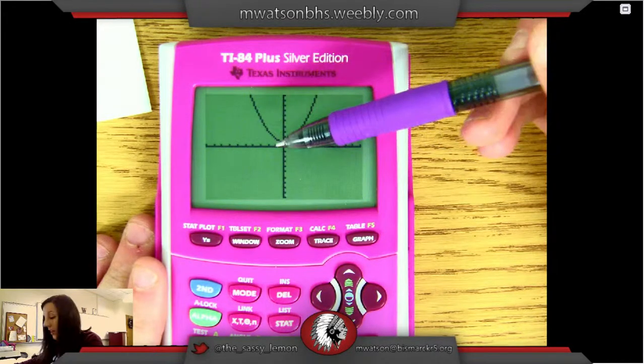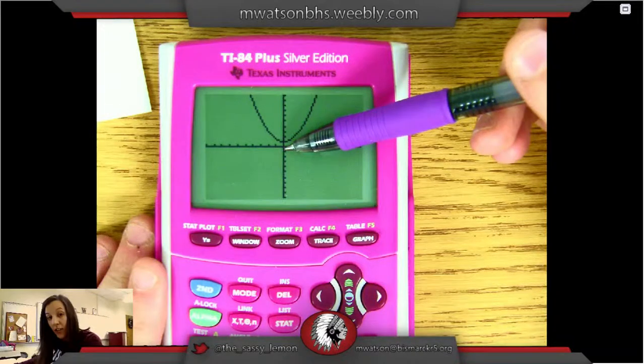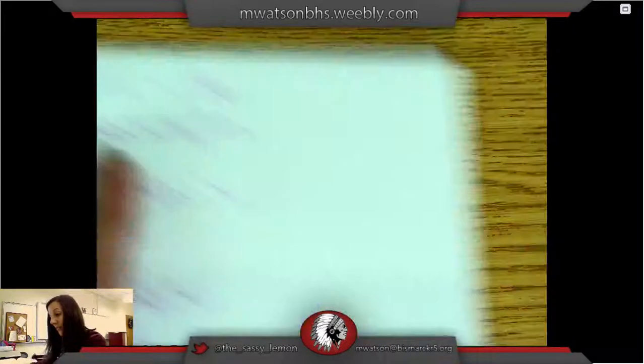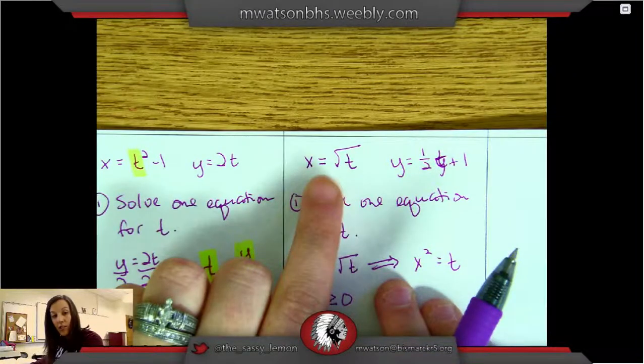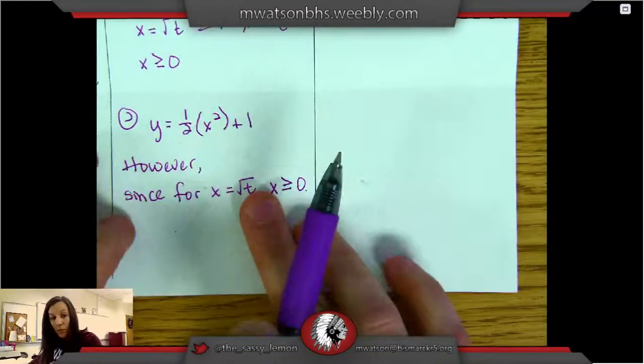That's because the domain is restricted. We can't have x values that are negative because of this equation. It's just not possible. It can't even happen. And so we have to keep that in mind, and losing this vital piece of information is a big deal.